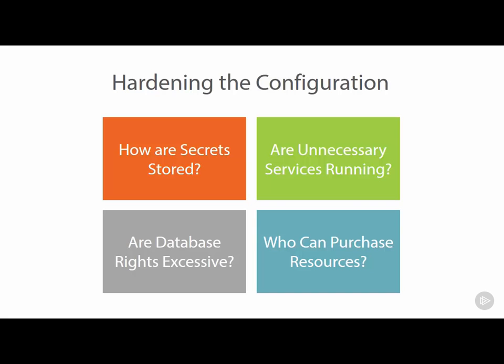We looked at things like economic denial of sustainability when resources become over-provisioned. So you want to be very, very careful about who actually has the ability to create resources. Because as we saw in that earlier example where someone published their private key into GitHub, you can rack up a very large bill very quickly.